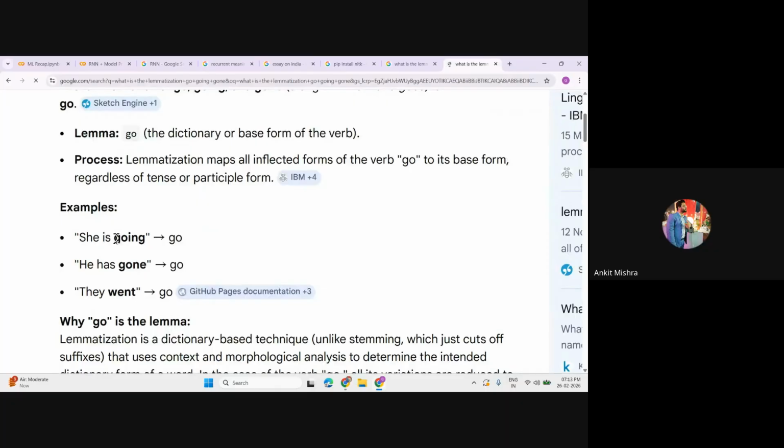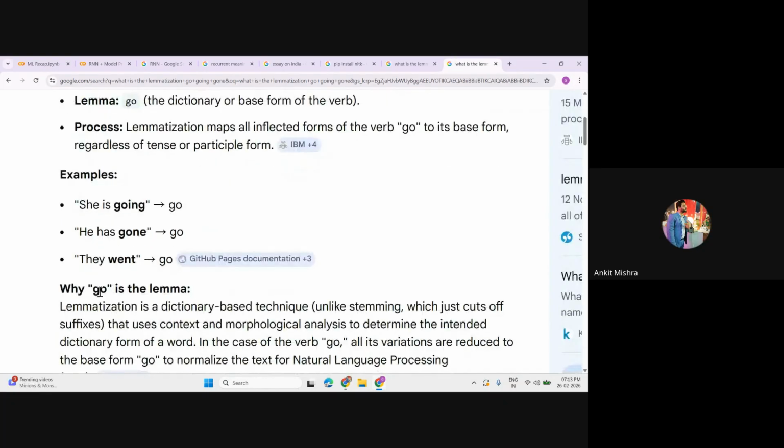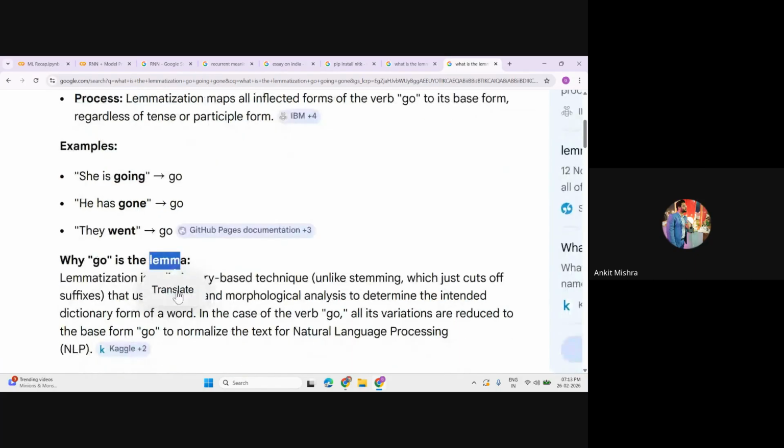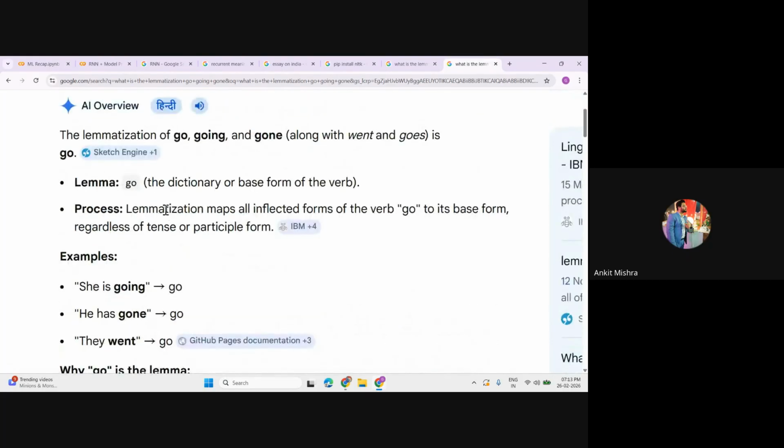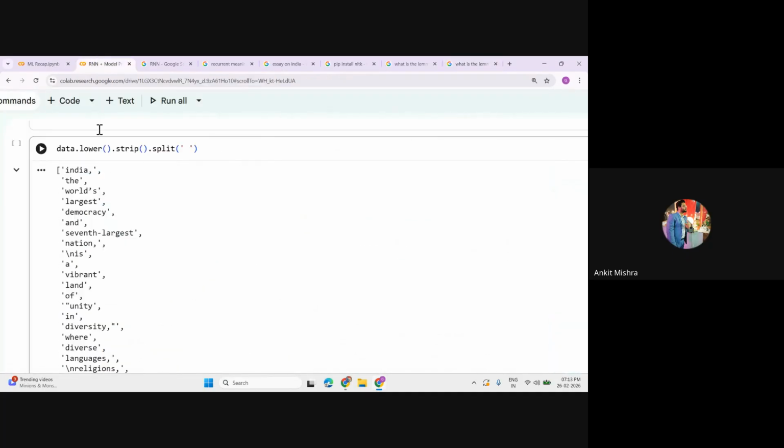So we can simply convert going to go, gone to go, and went to go as well. This technique is called the lemma technique. And interviewers generally ask you what exactly lemmatization is. So we are just trying to find the root word of whatever word we have. Either we can use the Python approach, or we have an NLTK module that allows us to perform all this, right? Okay.